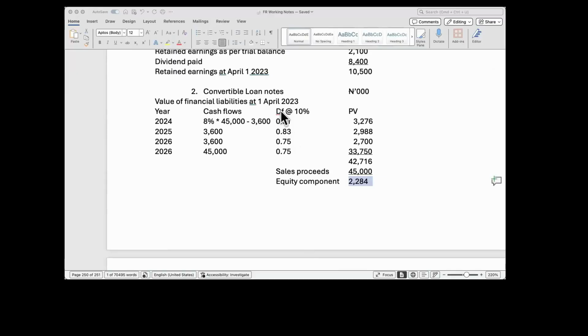Any other questions? Please ask your question, Messi. Go ahead. Hello, sir. Can you hear me? Yes, please. I can hear you. All right. So I want to ask, is this the way this question will be for every question? Is there another way it can come? For example, will they always bring this convertible loan note with this figure?